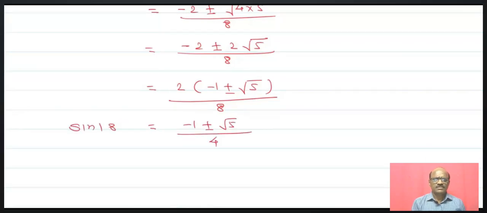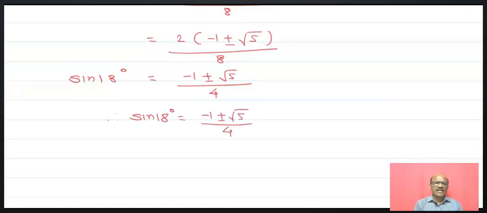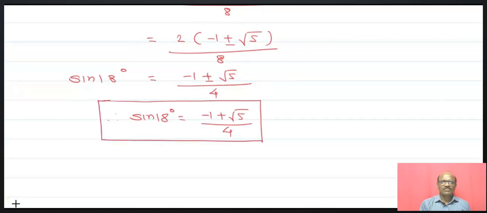Therefore, sin of 18 degree is equal to minus 1 plus or minus root of 5 upon 4. Now sin of 18 degree lies in the first quadrant, and in the first quadrant the value of sin of 18 degree is equal to minus 1 plus root of 5 upon 4.